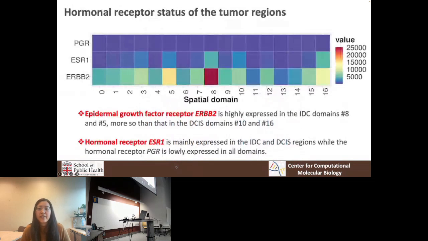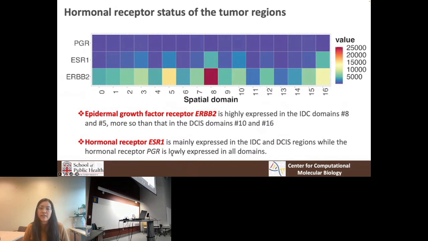We also carefully examined the hormone receptor status of these tumor regions to characterize the invasiveness and intratumor heterogeneity of the tissues. We found that the epidermal growth factor receptor ERBB2 is highly expressed in the invasive ductal carcinoma domains 8 and 5, more so than in the ductal carcinoma in situ regions 10 and 16.